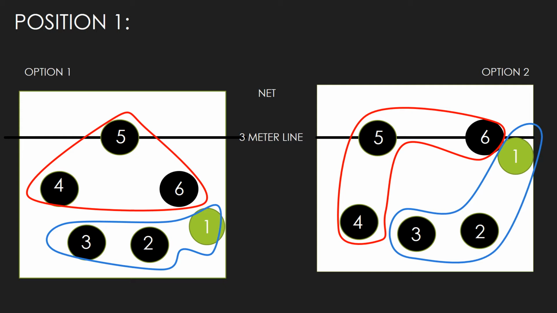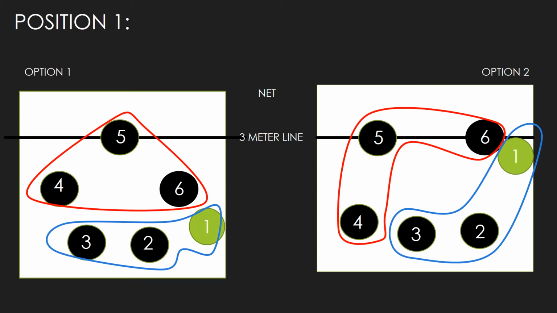Now remember when I said that knowing who's on the side of you or who you're in between is essential. Because in option 2, player 4, who is a front row player, is going to move back towards the back row in order to help players 3 and 2 with passing or receiving the serve.